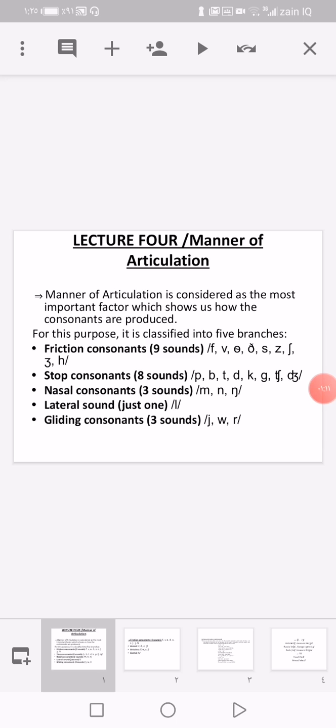For this purpose it is classified into 5 branches. Friction consonants, how many sounds?